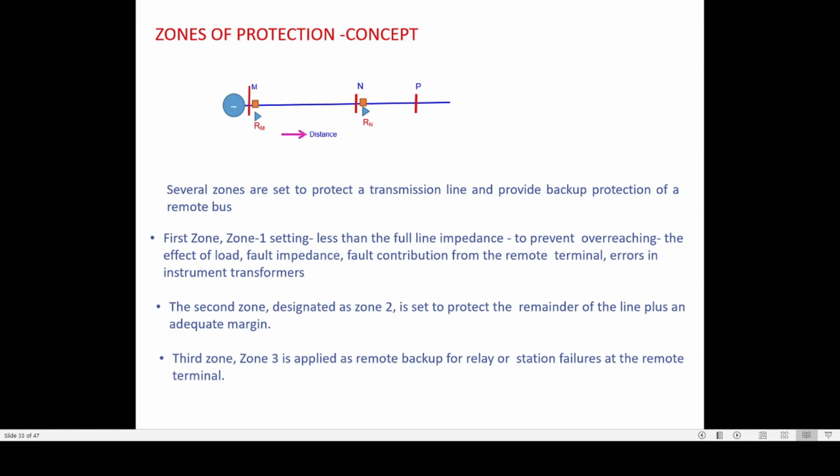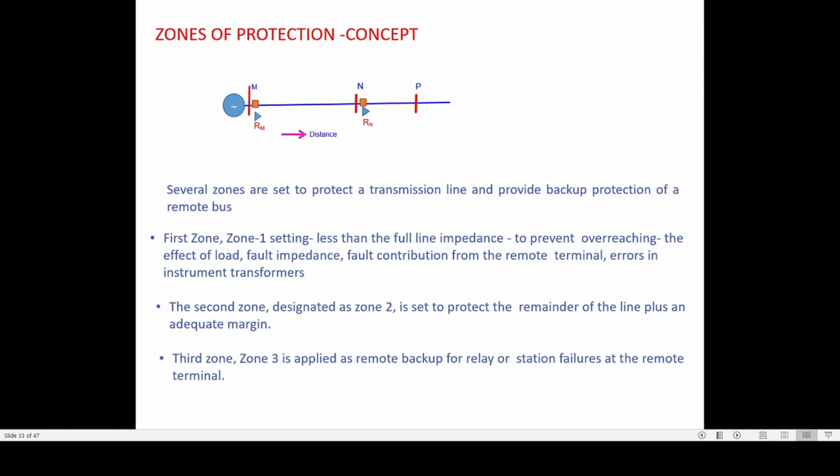So maximum you can reach up to 100. That means even if all four types of error are present, a relay set at 80% will reach only to the end bus or the remote end bus. So the chances of incorrect operation or non-operation are reduced.